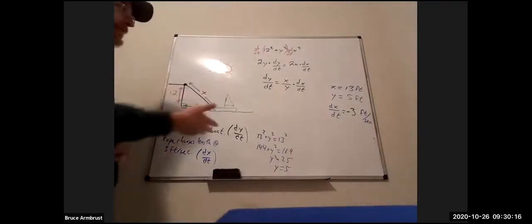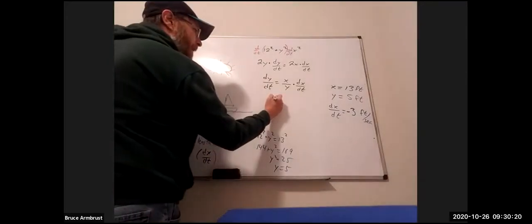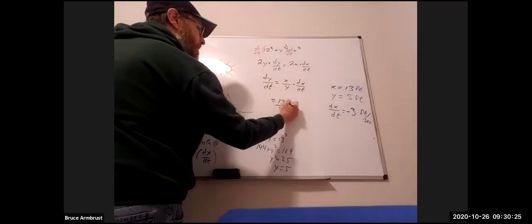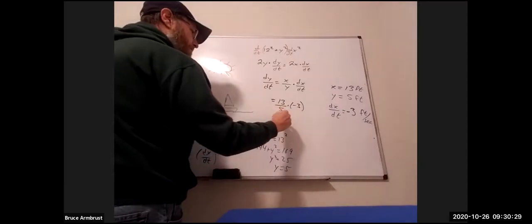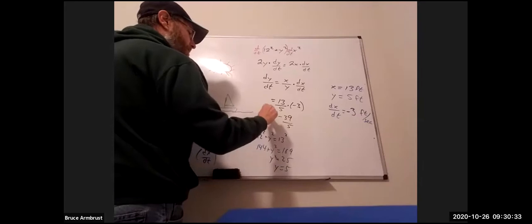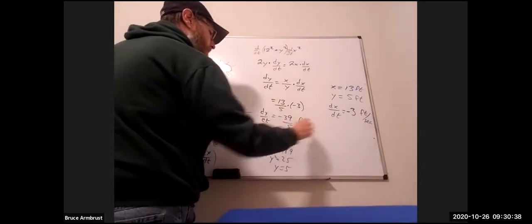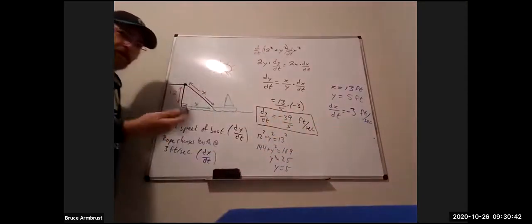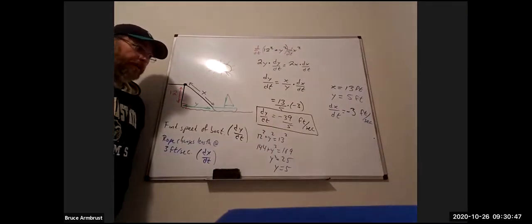All right, well, we now have all of our information, so we can now figure out dy/dt. So dy/dt is going to be x over y times dx/dt. So we get minus 39/5, or if you'd rather, negative 7.8 feet per second.